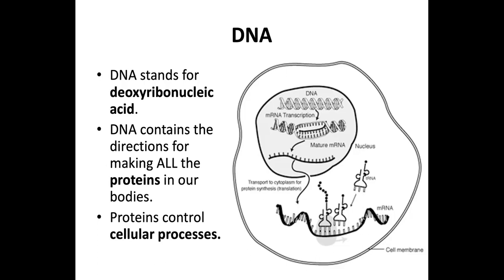So DNA, because it's too big to leave the nucleus, transcribes into RNA, and RNA is what leaves the nucleus because it's small enough to fit through the nuclear pores. RNA takes DNA's message to the ribosome, and ribosomes are responsible for making what?